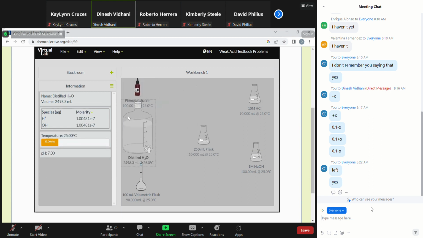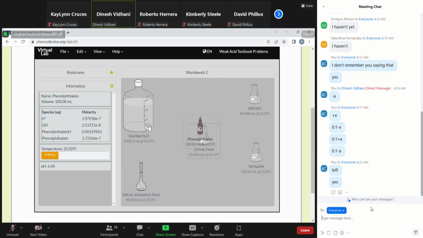Now, guys, keep in mind that indicators are weak acids, extremely weak acids, or they're weak bases. Now, at the end point, they are going to change their color. Phenolphthalein changes its color when you are dealing with a basic solution, not in acidic. It will change its color from colorless to pink in basic solution.